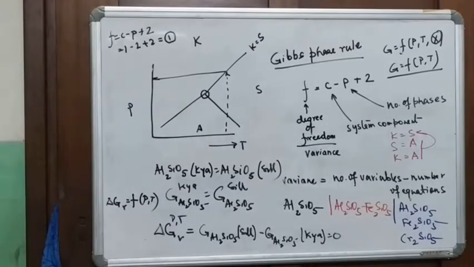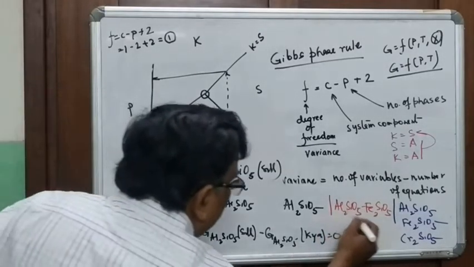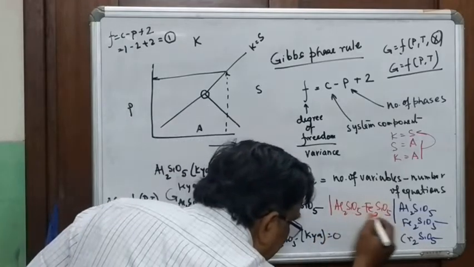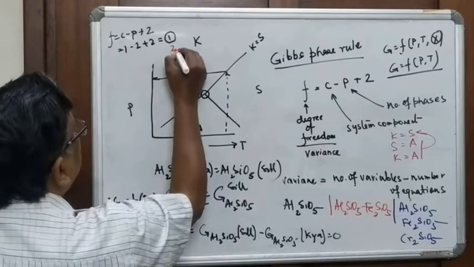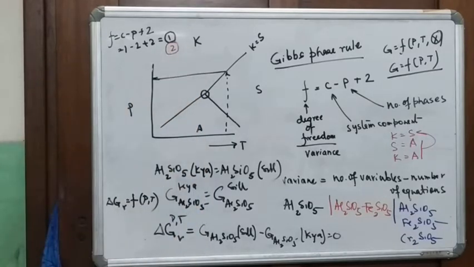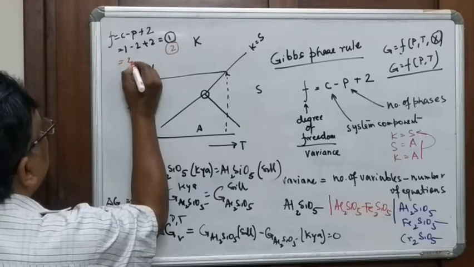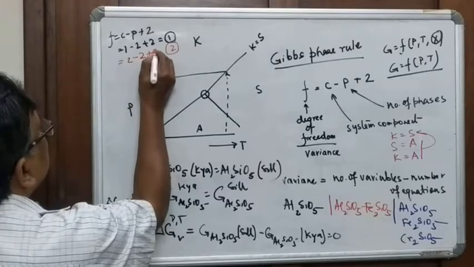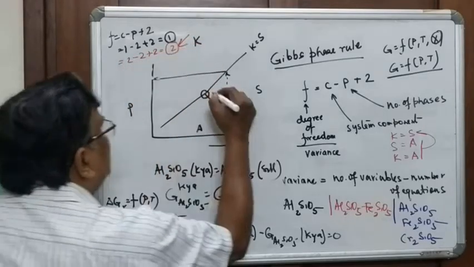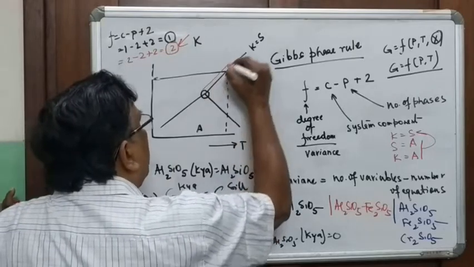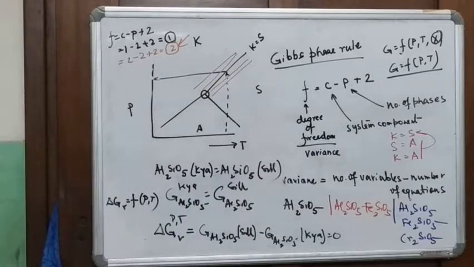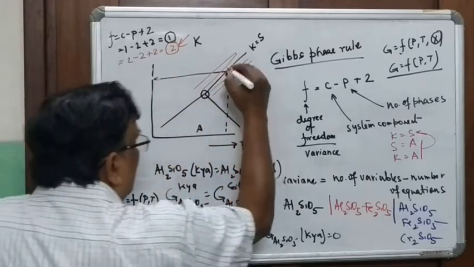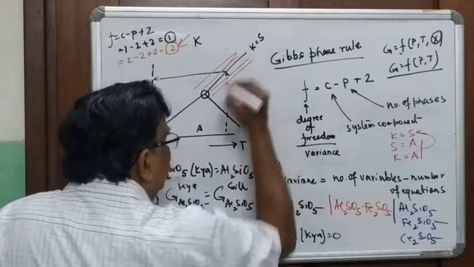So what does this Gibbs phase rule now tell you? If you have this phase diagram, this will be 2, because 2 minus 2 plus 2 equals 2. So this will not be univariant, but it will be bivariant. Have you understood? That means this will be a bivariant field.